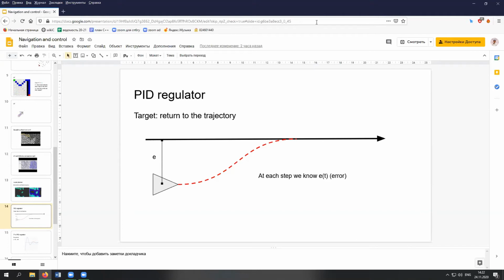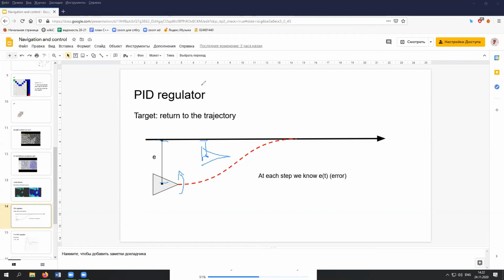Is it true that on every period of time, if we are this far, the error function is this high, and if we are over here, the error function is this high? Is it true that on every step, the further we are from the real trajectory, the greater we have to rotate?